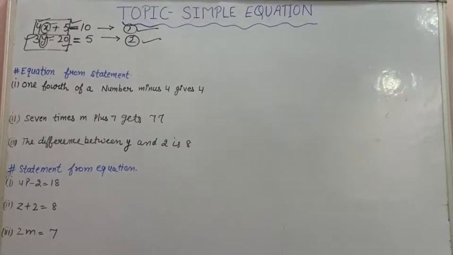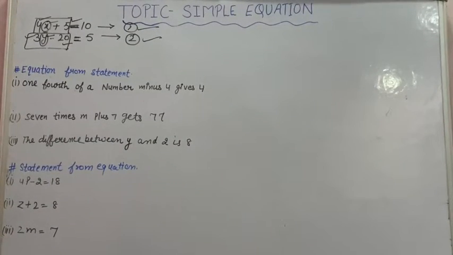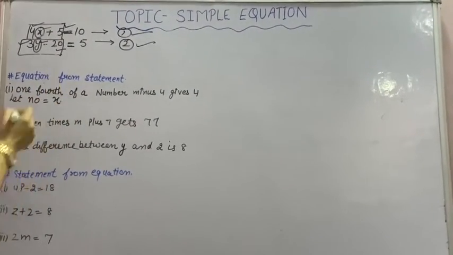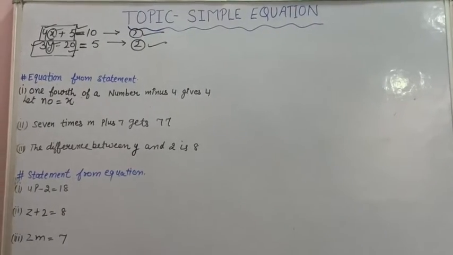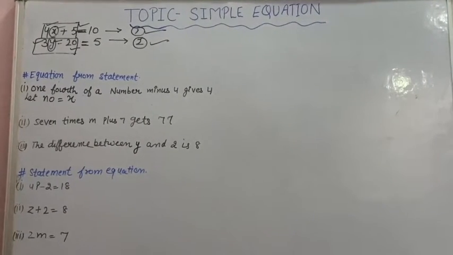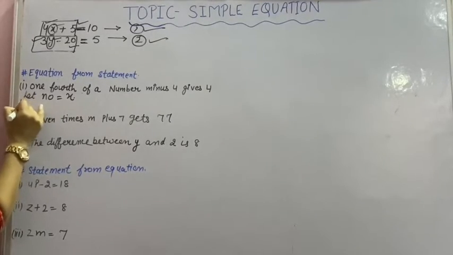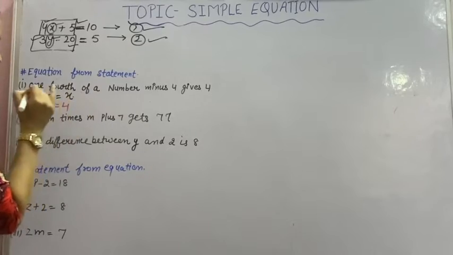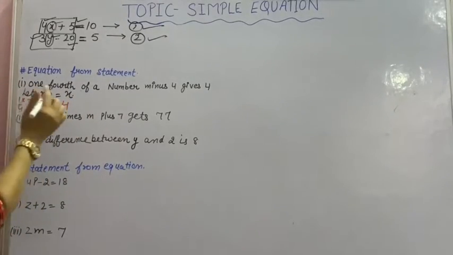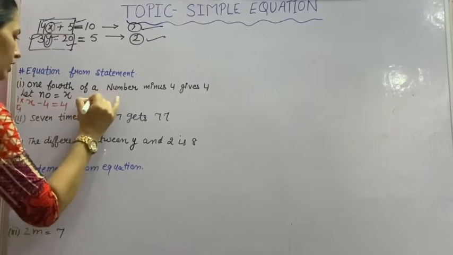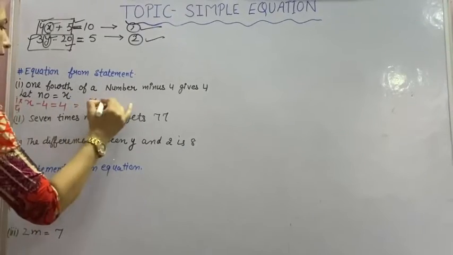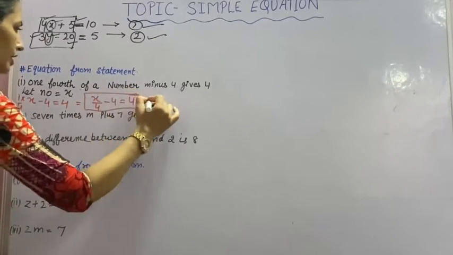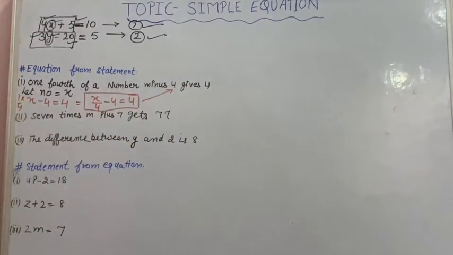Let the number be x. Then 1/4 of x minus 4 is equal to 4. When we write this in simple form, it is x by 4 minus 4 is equal to 4. This is the equation from this statement.